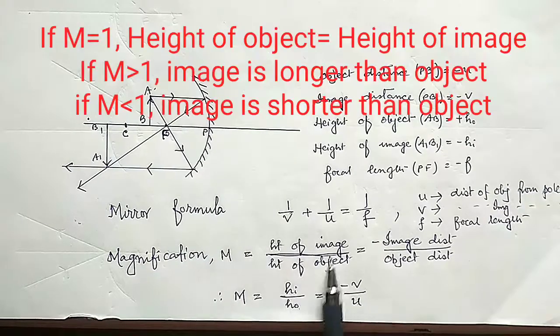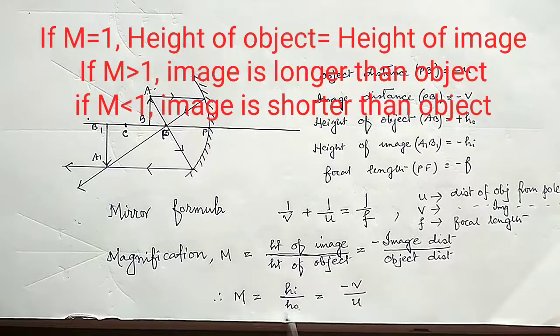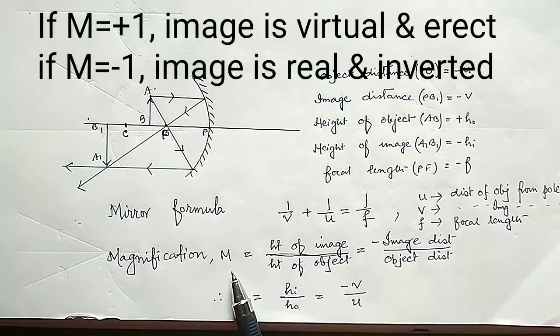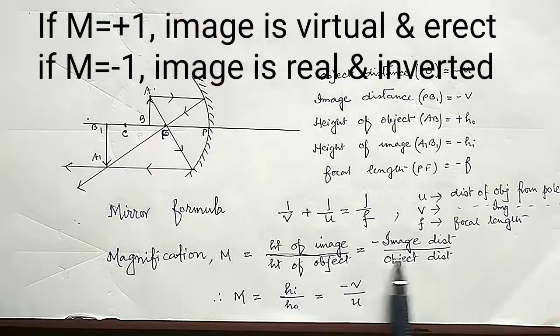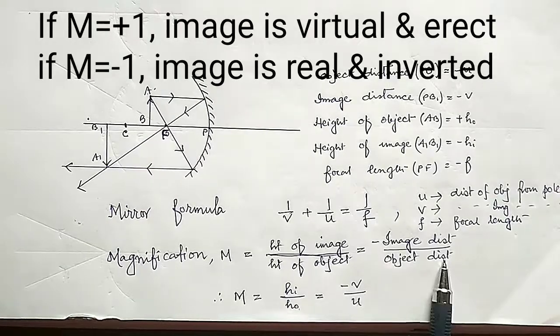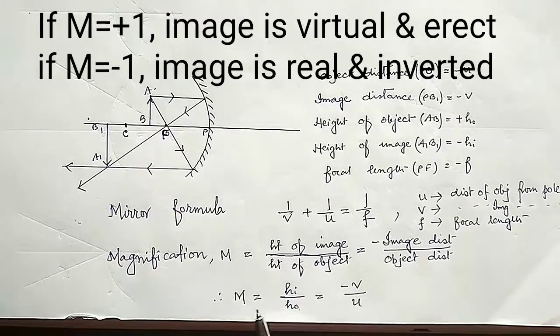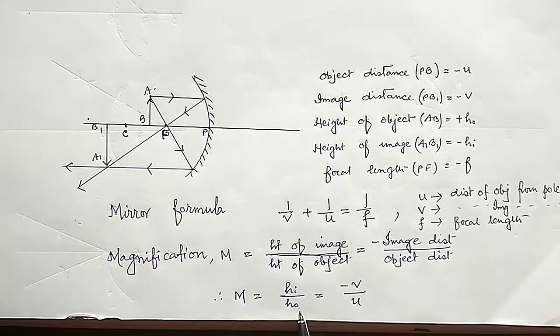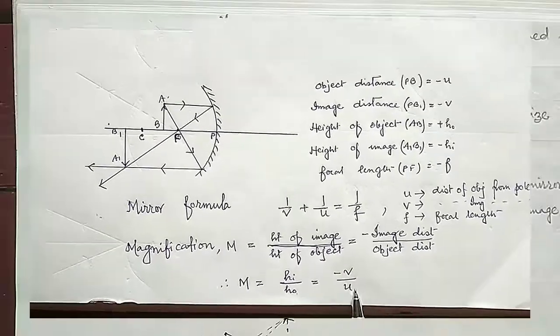We know height of the image is represented as hi and height of the object is ho. So magnification is hi divided by ho. Since it is a ratio, it will not have any unit. Magnification can also be written as minus image distance by object distance, so minus v by u. So we can write magnification equals hi by ho, or minus v by u.